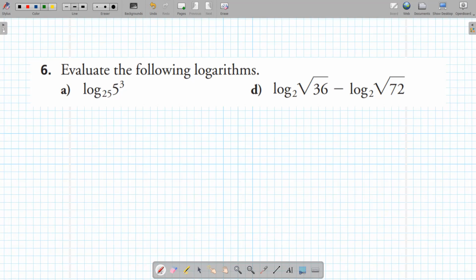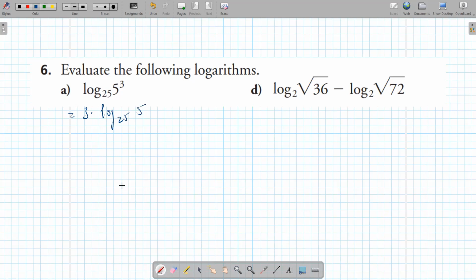There's no multiple thingies going on. We can't use the plus or the minus rule. What about the cube thing? Can we do anything with that? Could you bring it down? Yeah, right? You bring the cube down and then you have log 25 of 5.